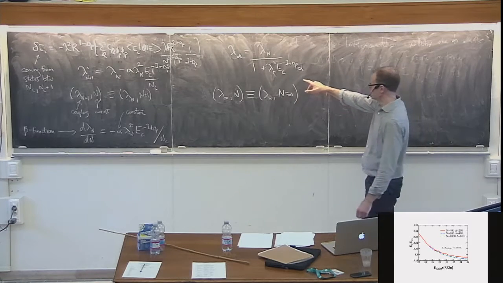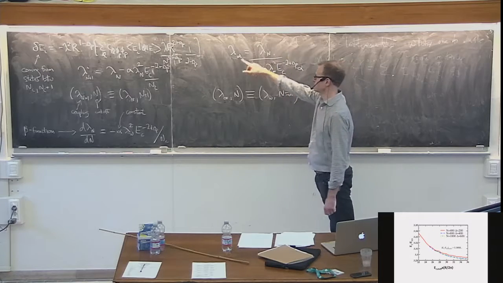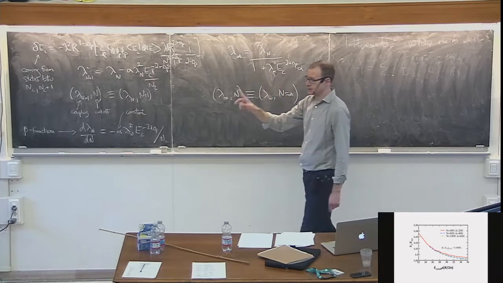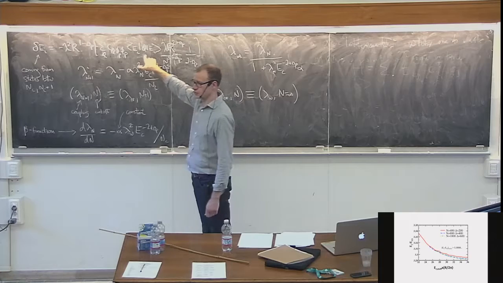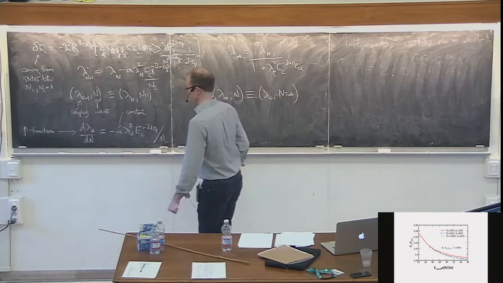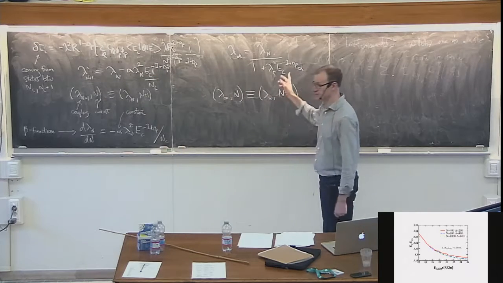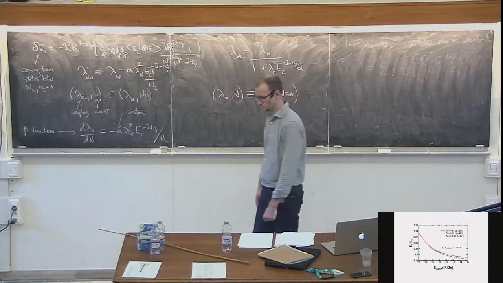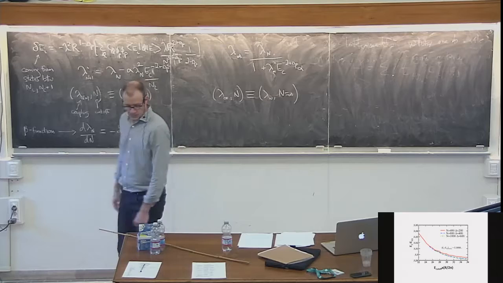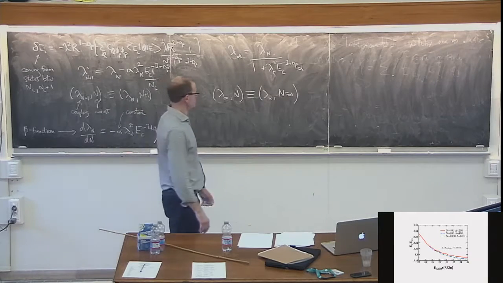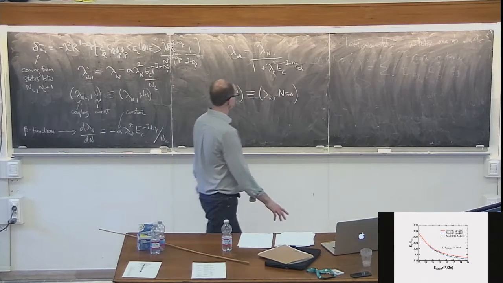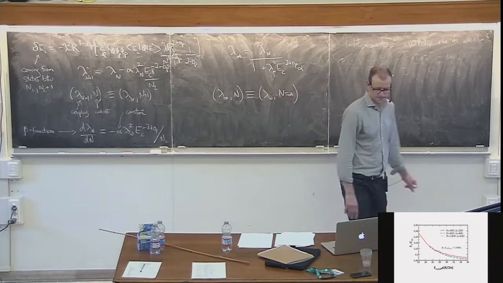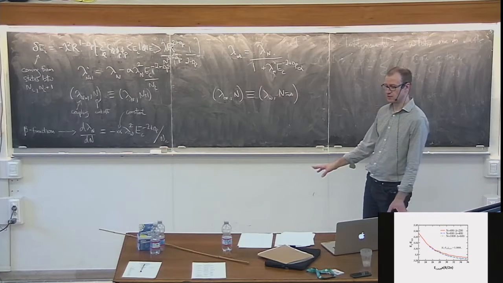And so this expression for lambda infinity basically takes the second order contributions that you've gone through the trouble of computing and resums them. Okay. Are there any questions at this point?